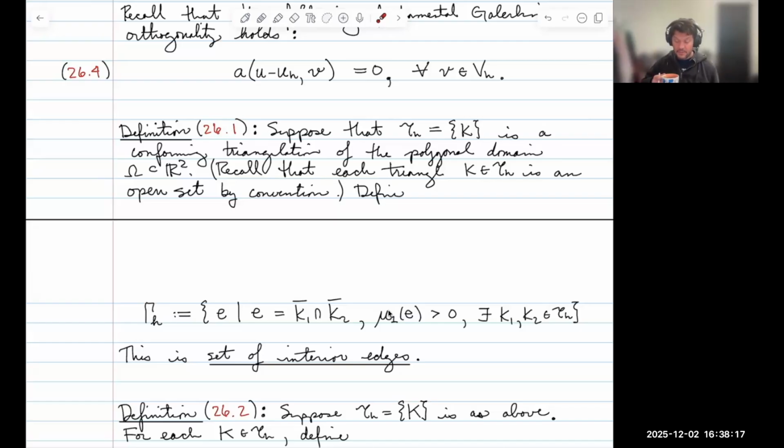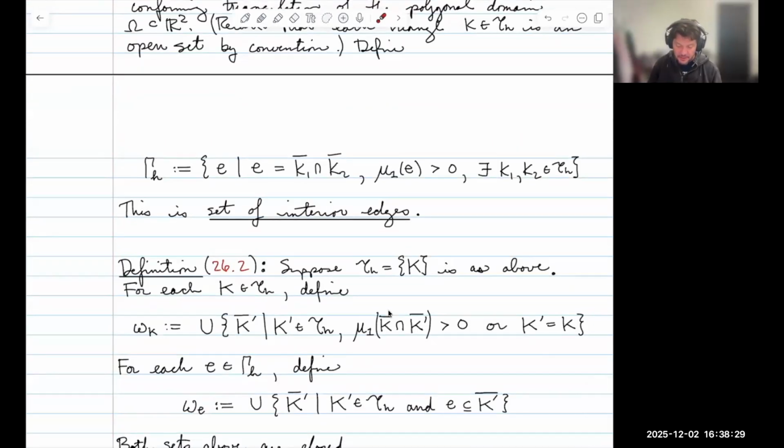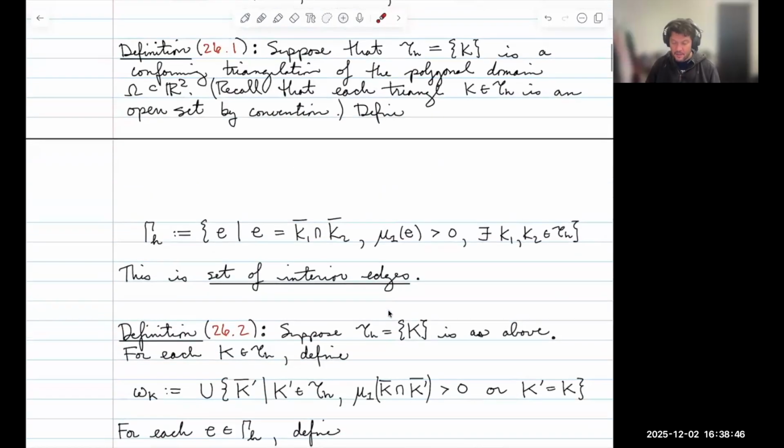You can also do this differently and assume that each triangle is a closed set. You just have to pick one convention and go with it. Now we're going to define what's called the interior edge set, gamma sub h. It's going to be the set of all edges, where an edge is the intersection of two triangles when I close them. Remember, our triangles are open by convention, so we need to take the closure of them. So here's one example.